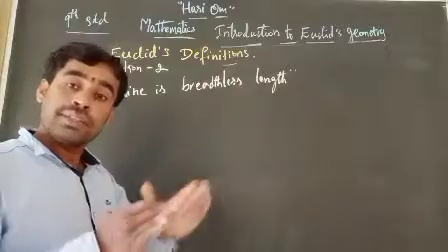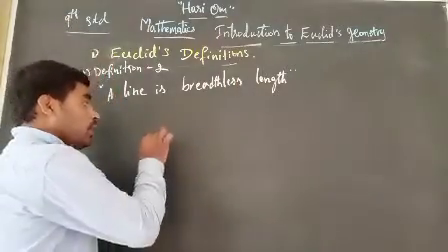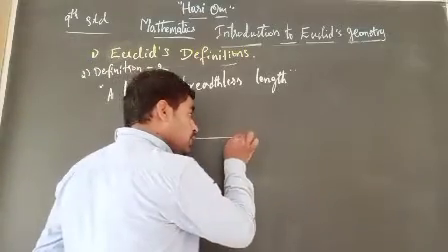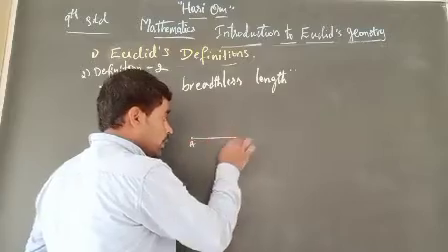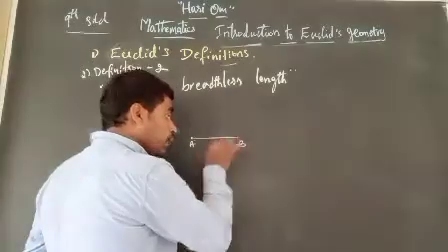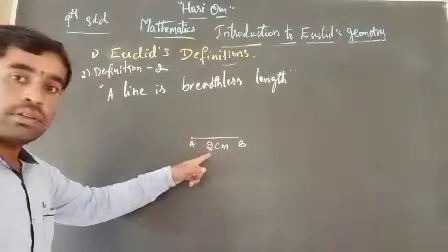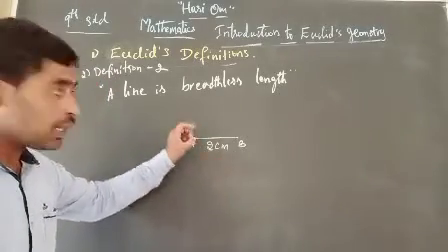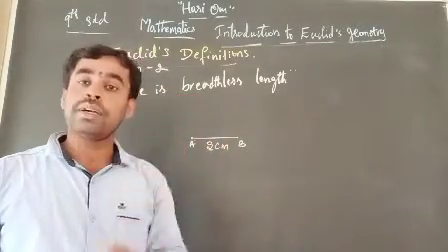A line is breadthless. It has a length. So if you draw a line, this line has only a length. Suppose I take AB. The length of AB we can take as 2 centimeters. The breadth of the line AB we can't find. If you take a sharp pencil and draw a line, we can't find the breadth.